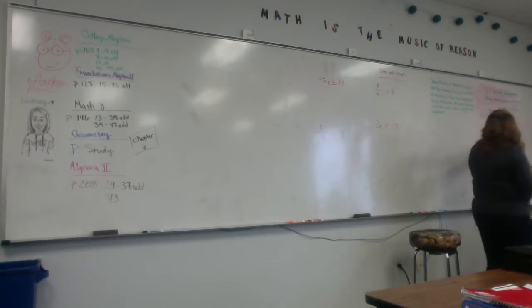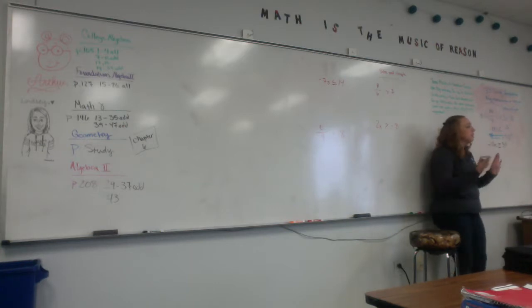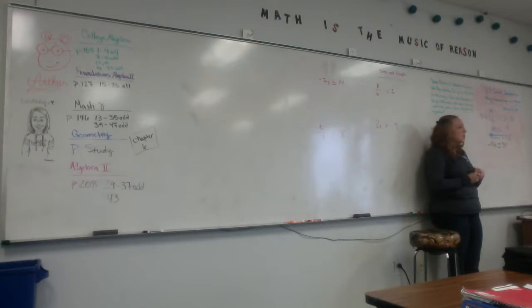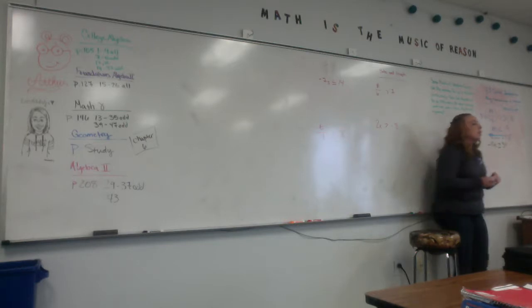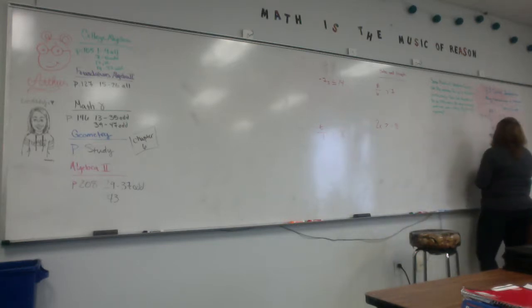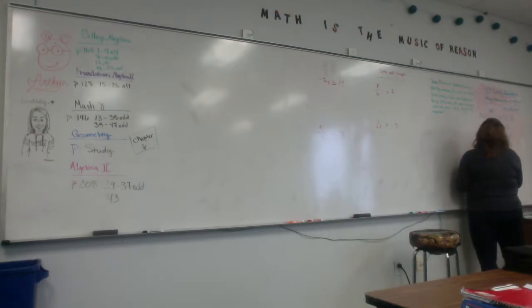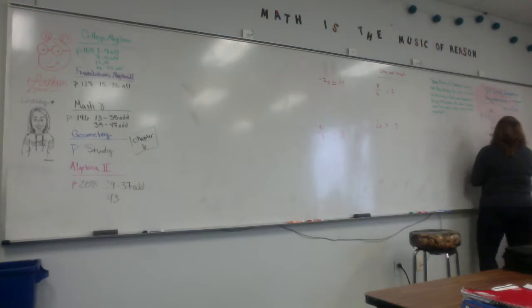Okay, how would I solve this? Someone besides Carter. Carter, do not speak. Negative 10t is greater than or equal to 34. What do you do? Divide both sides by negative 10. And you get t is what? Negative 3.4.